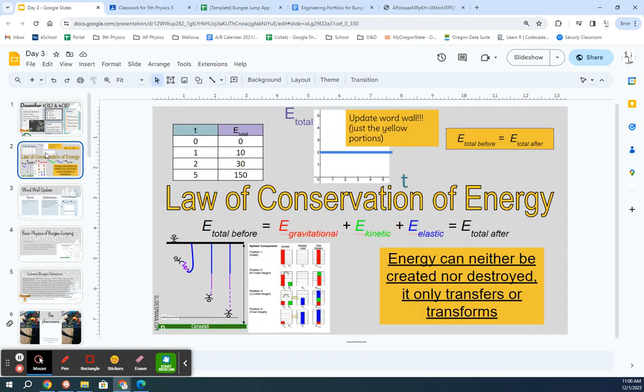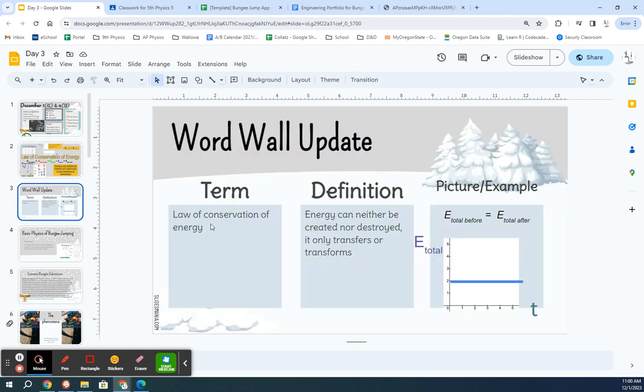Just a quick reminder that the law of conservation, again, energy can neither be created nor destroyed. It can be transferred, it can be transformed, but not created or destroyed. So again, make sure that you know what that law is. Any of our terminology that we're going to be using for this unit, if you haven't taken notes on it, you might want to have notes for those things.